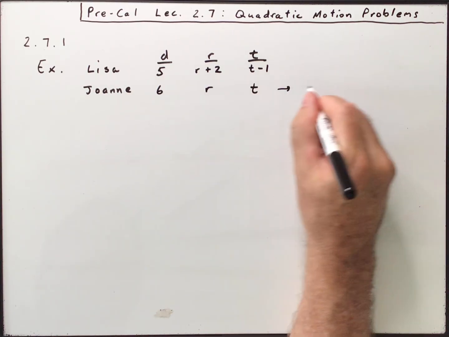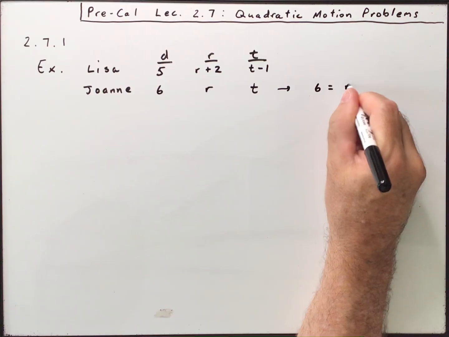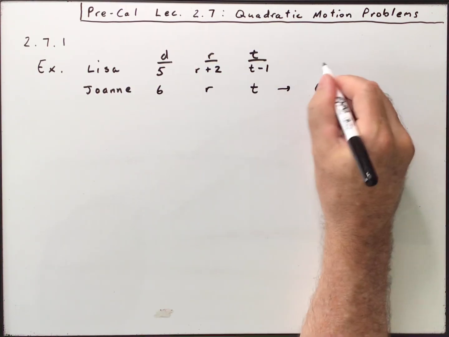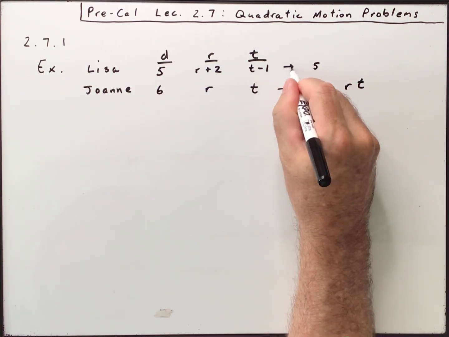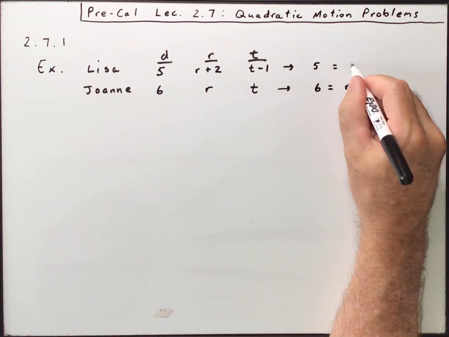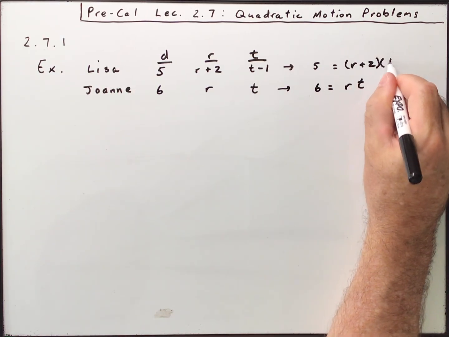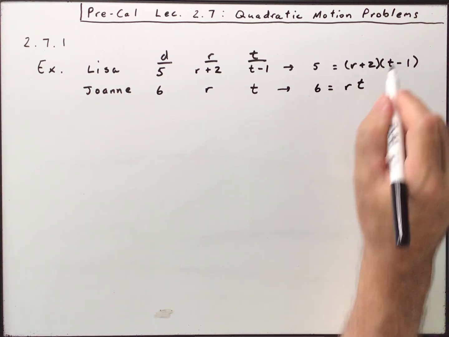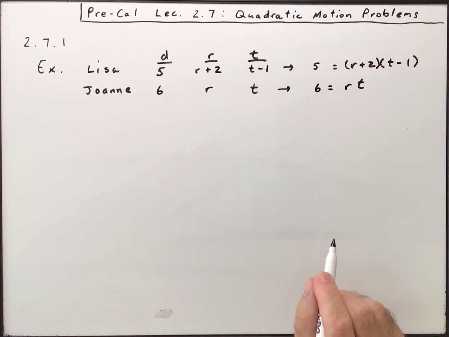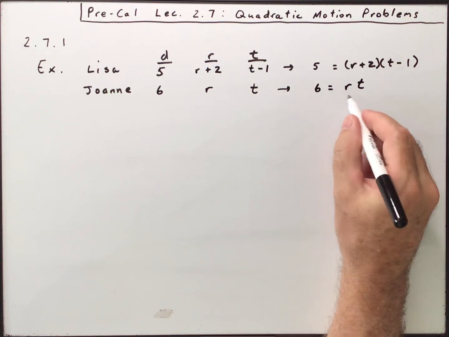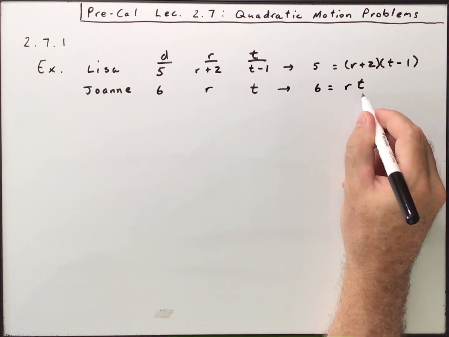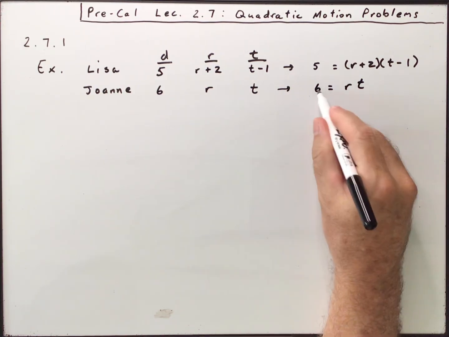So here we have 6 is equal to rt, and we have 5 is equal to r plus 2 times t minus 1. We're trying to get only r's in our final equation. All right, so 6 equals rt.